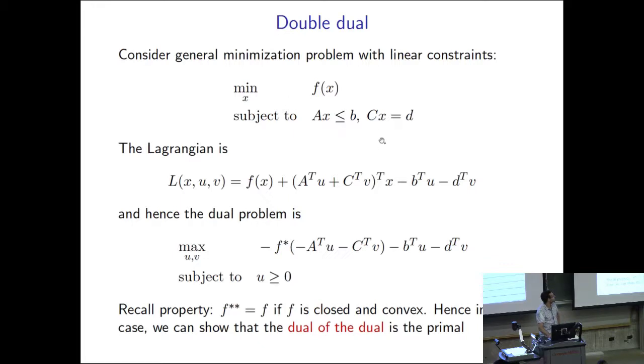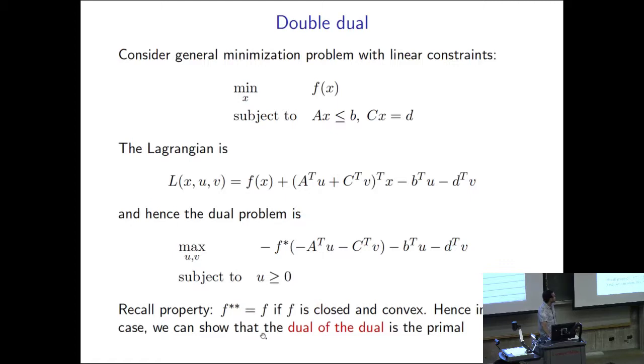So let's suppose this is our problem. Linear inequality and equality constraints. Arbitrary, let's say, convex closed function f. If we derive the dual, we can actually directly take the Lagrangian of this and now maximize it over u and v, and we'll see that we end up exactly at this problem.